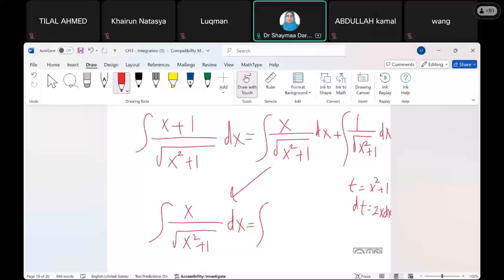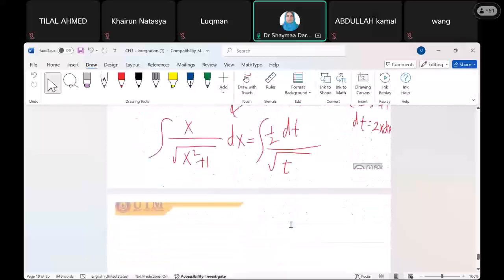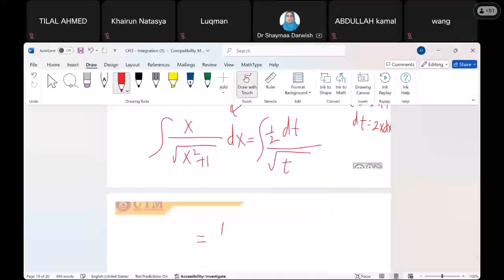If you take t equal to x squared plus 1, then dt is 2x dx. So we get 1 over 2 dt over the square root of t. Here x squared plus 1 is replaced by t, and x dx is 1 over 2 dt. 1 over 2 is a constant.